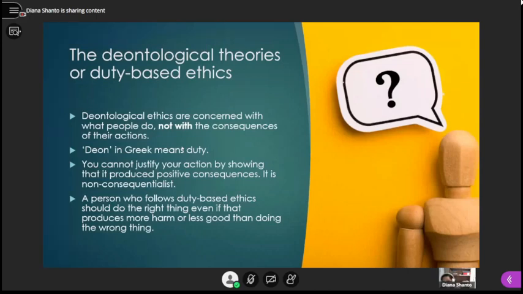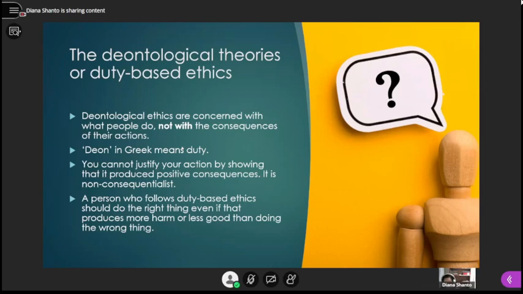Donc, deontological theories are concerned with what people do. It's not about the consequences. It's doing the right thing. Pour eux, you cannot justify your action by showing that it produces positive consequences. It's non-consequentialist.